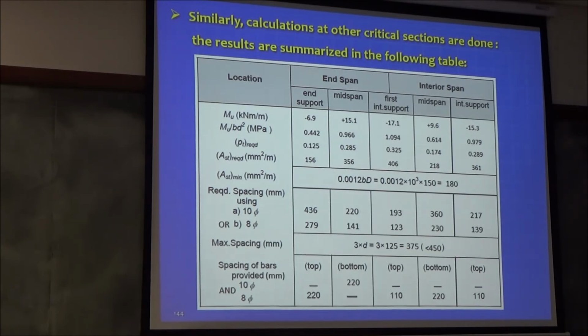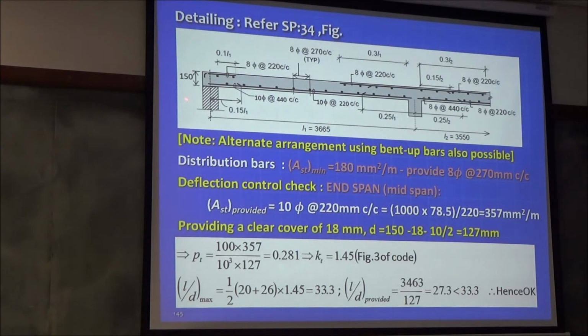So do one problem and draw a nice diagram. This is a standard diagram given in SP34. Here we've not bent up bars, so everything should be crystal clear. And you have to know how much you should extend the bar. You can curtail 50% of the bars, say curtail these bars here.